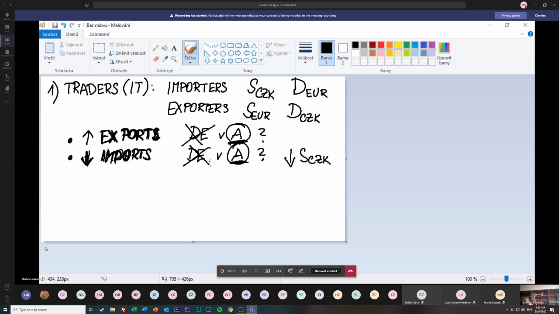So this is the necessary information. The second situation is that there is an increase in prices in the Czech Republic, the price level in the Czech Republic.